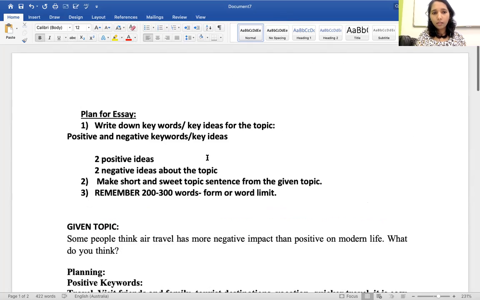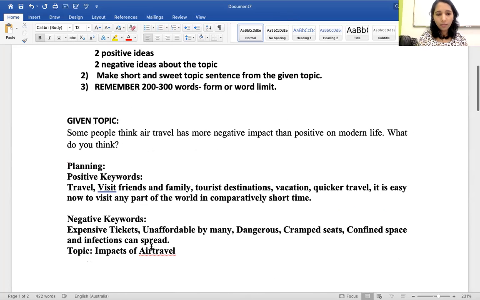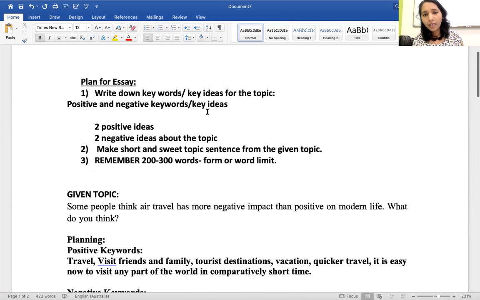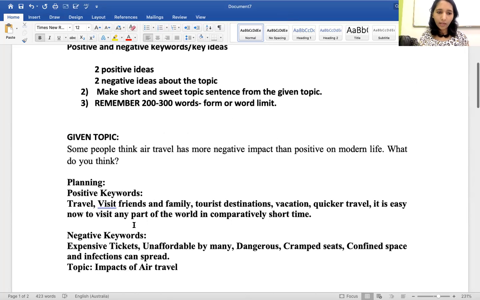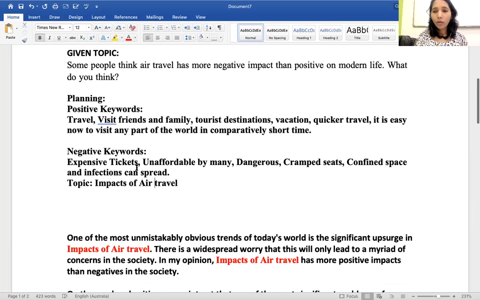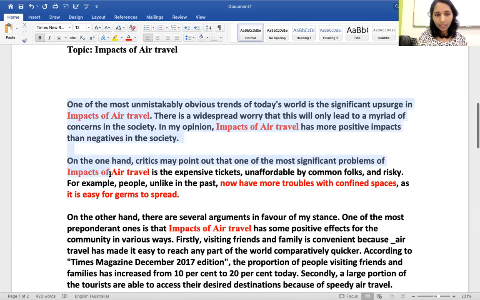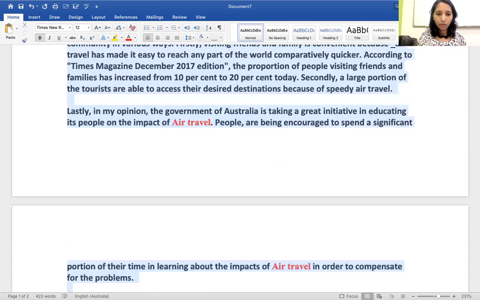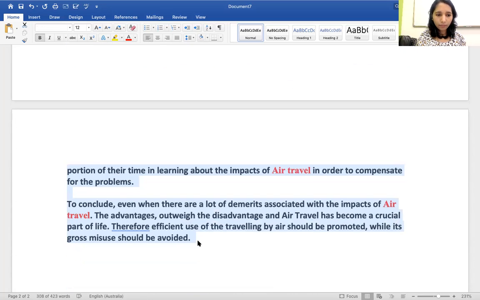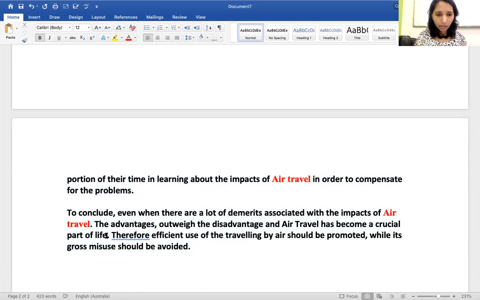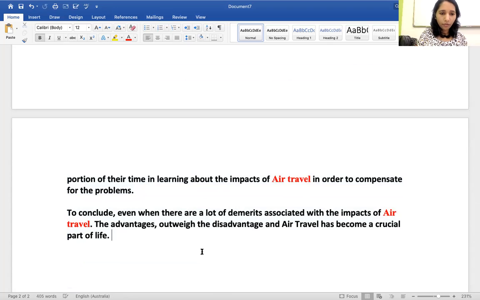So I hope you spent the first 3-4 minutes to plan and write your key ideas, choosing 2 positive ideas and 2 negative ideas, writing positive and negative keywords. Then make up a sweet and short topic name, and then you write down your essay. Your word limit has to be between 200 and 300 words. This is about 308 words, which is too much, so I'll remove this off.